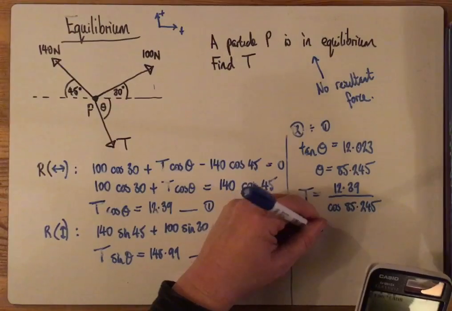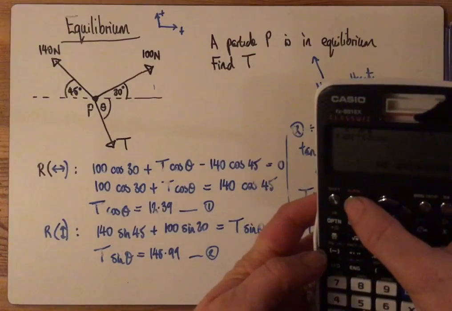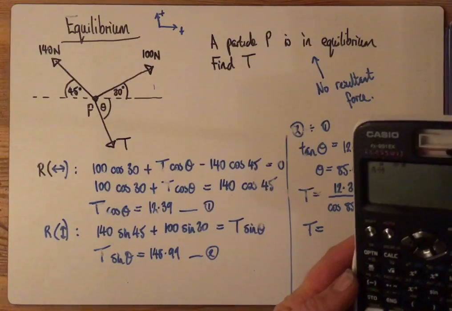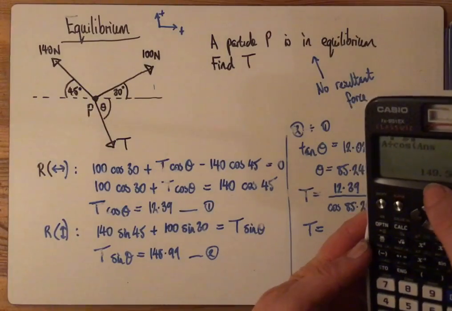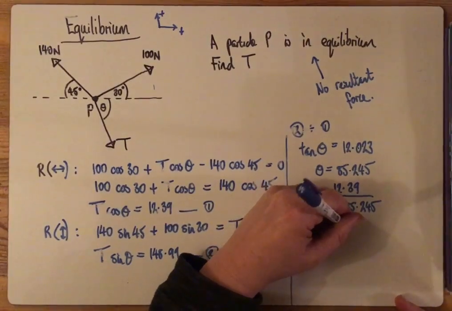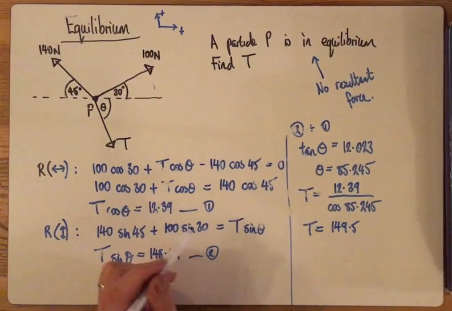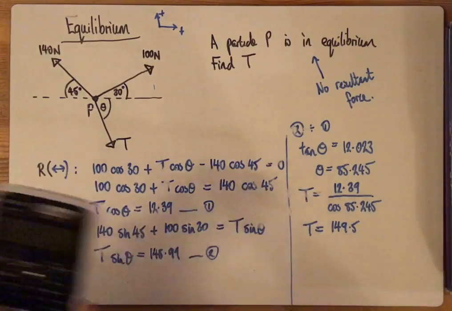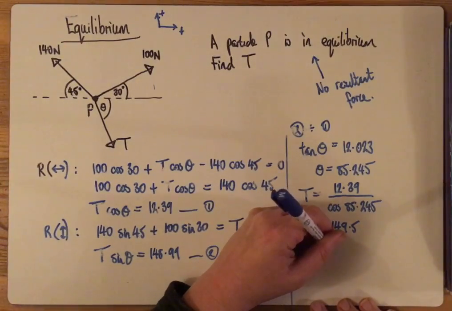So this was my first answer I put in, so that's a divided by cos answer, and we end up with 149.5. If you don't like doing all that faffing around on your calculator, the only other option really is just to write things to quite a few more decimal places than you need, and just check that you don't get an embedded rounding error. So you may even want to give that to 3 sig fig as being 150 newtons.